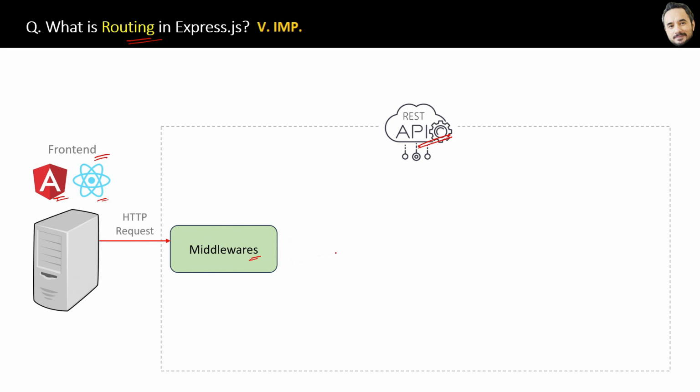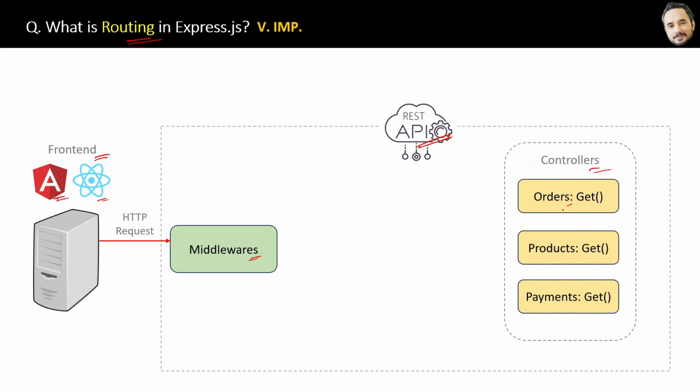Suppose our application is an e-commerce application, and for that we have controllers like orders, products, payments, anything related to e-commerce. Then inside the controllers, we have get orders, post orders, various methods.